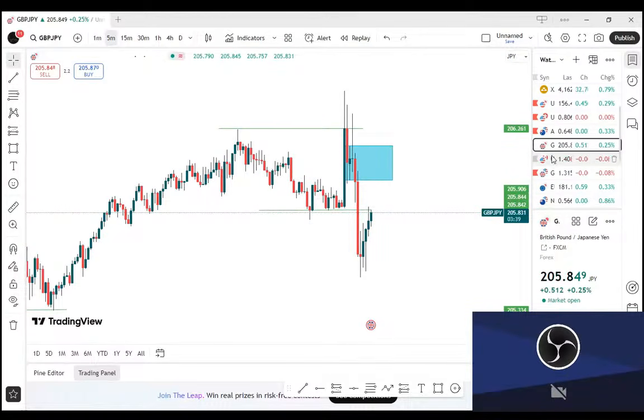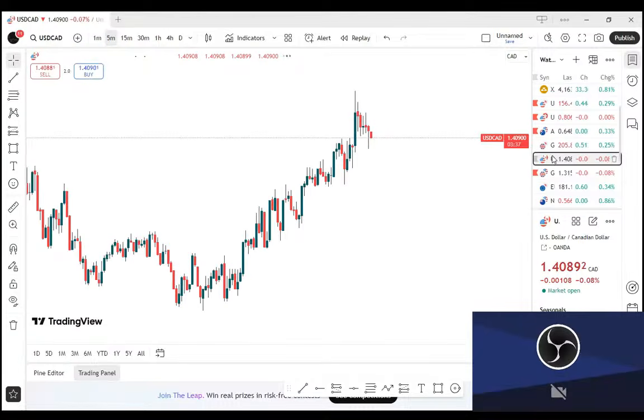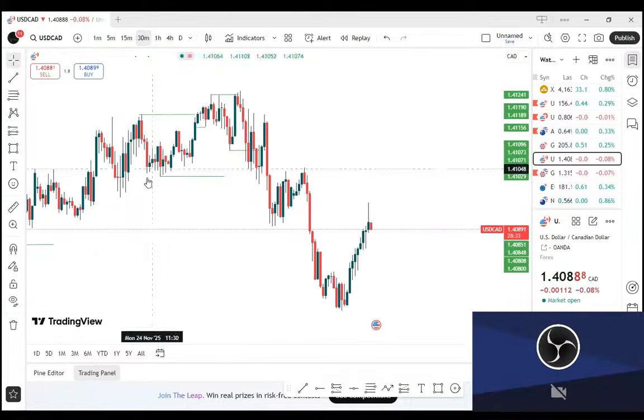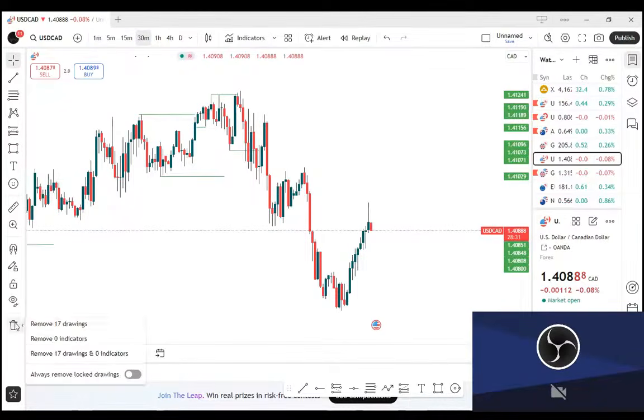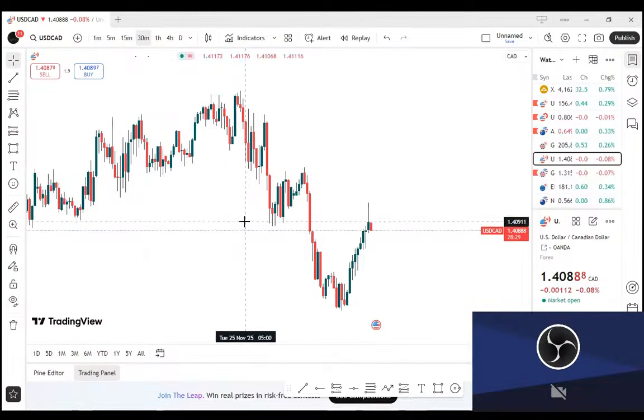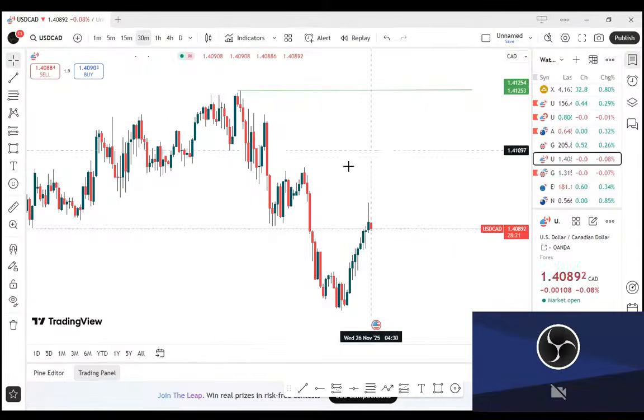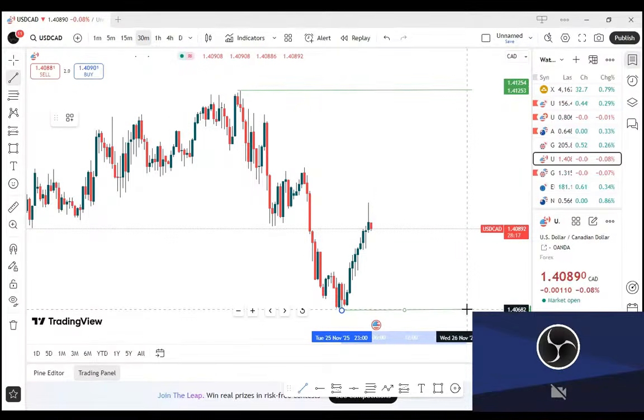So let's go to the next one, which is USD CAD, 30 minutes time frame. We look at this high as the highest level price created on the 30 minutes time frame. And we are looking at this as the lowest level price created.